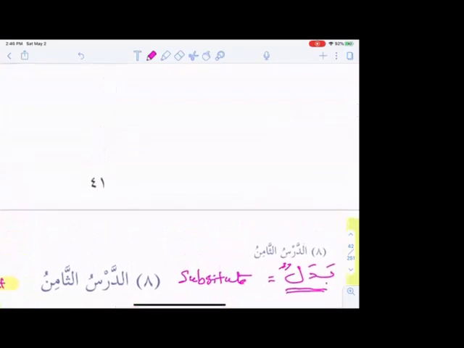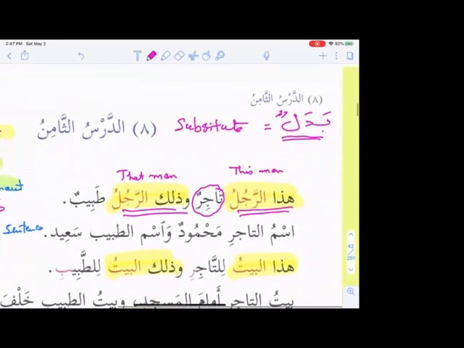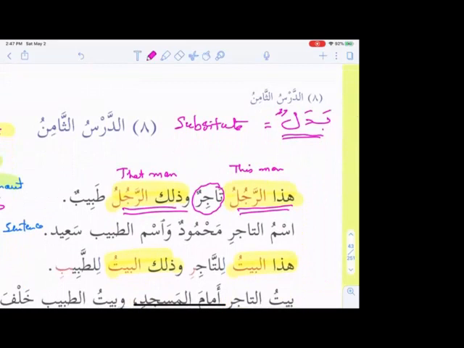Now the rule is this, very important rule, that ismu ishara. So far we have done haza, hazihi, dhalika, tilka, and soon we will do haulai and ulaika. When they come in the sentence followed by a definite noun, that is the most important thing, then that noun is the badal for the ismu ishara. I repeat again.